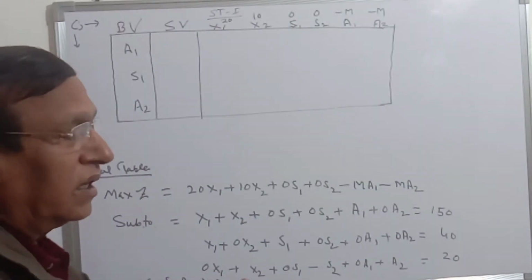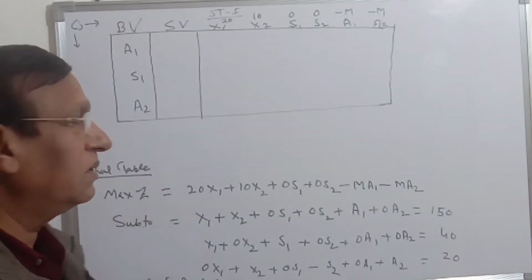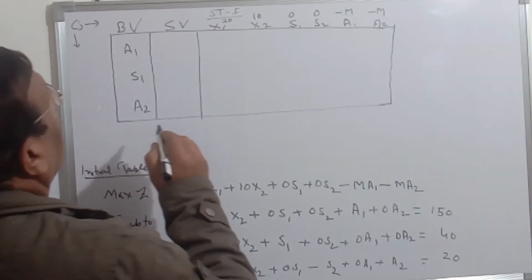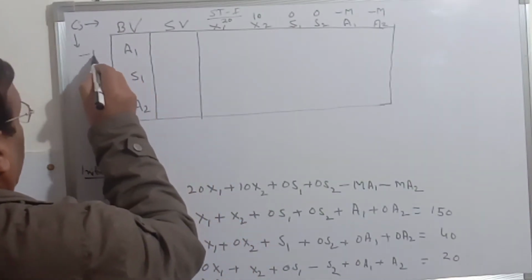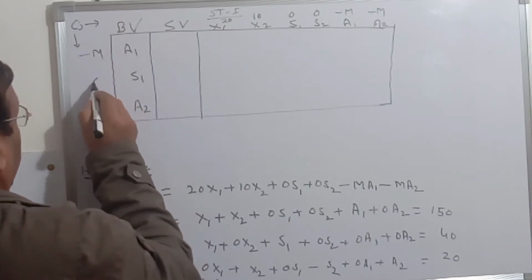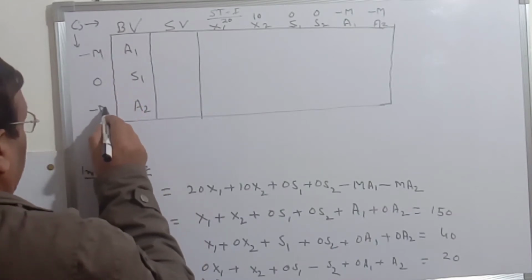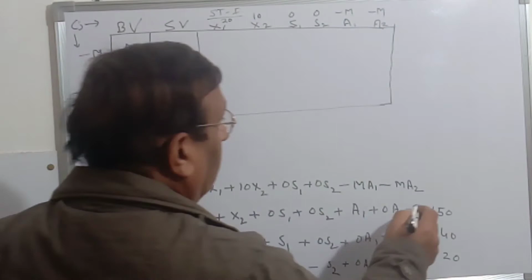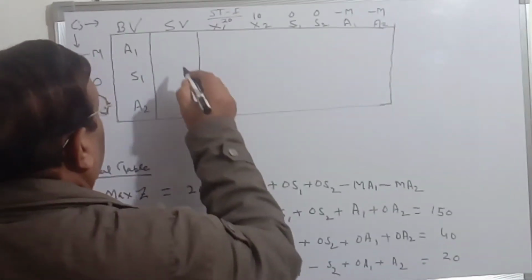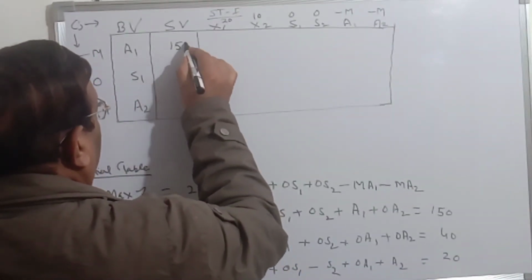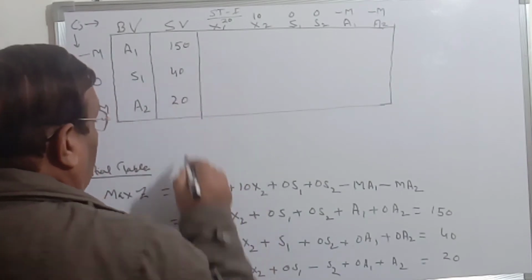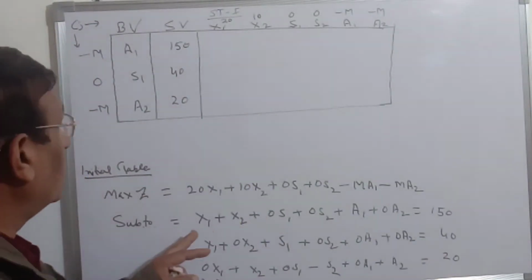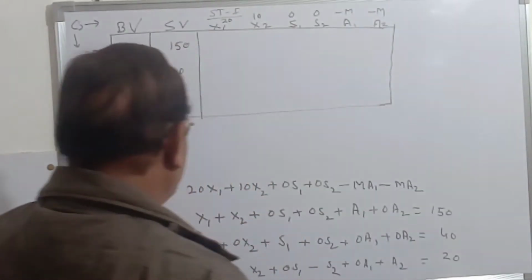Surplus variables or negative variables are not basic variables. So here it is a1 minus m, s1 0, a2 minus m. And these are the constants: 150, 40, 20.